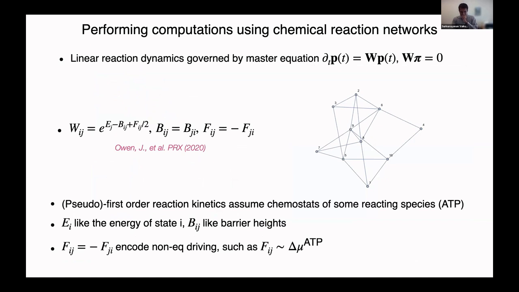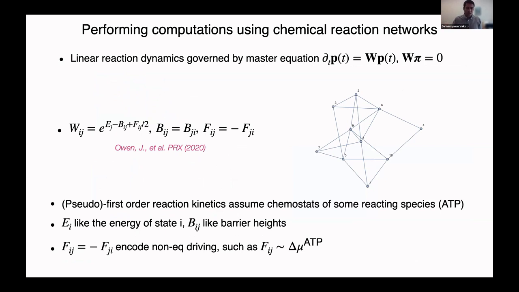So to do this more formally, I'm going to use the kind of notation that we've seen all through this meeting, and I've picked this up from work by Jeremy Owens, Todd Gingrich, and Jordan Horowitz. This is very old notation, obviously, but I'm using the choices that they used in this very nice PRX paper. So I'm going to assume that I have pseudo-first order chemical reactions.